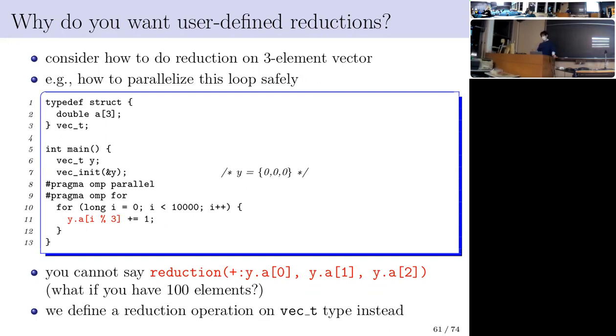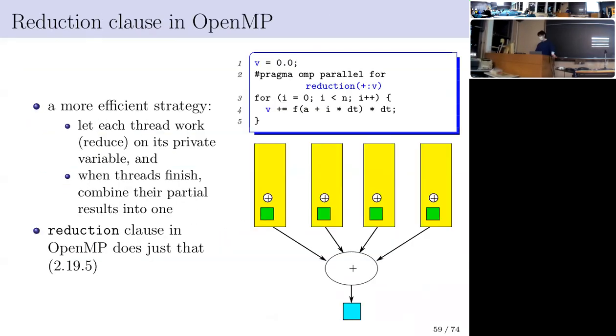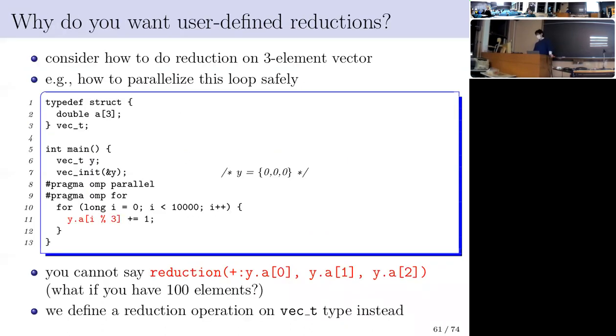And you can do exactly the same thing: let each thread compute its own partial sum, and combine them together later. But nevertheless, you cannot just say, okay, I want to combine these vectors using built-in reduction.